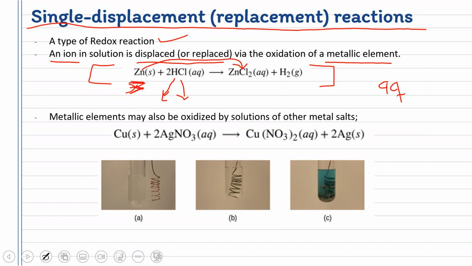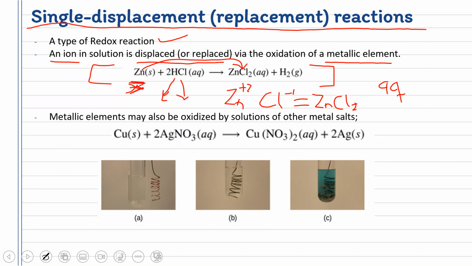So here we see that zinc is now assuming a charge. What happened here is that zinc became +2 and chlorine was -1. And now to form a compound, it became zinc chloride. And that's what you have there.